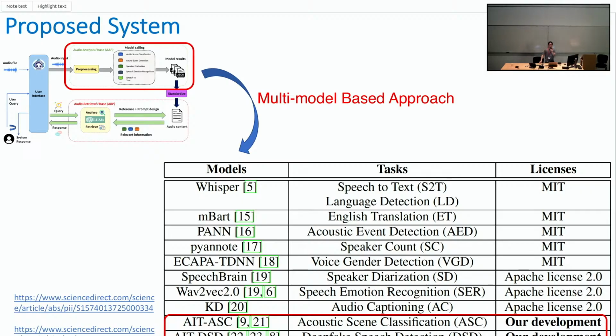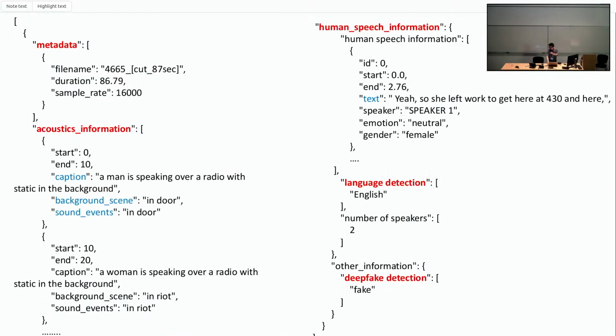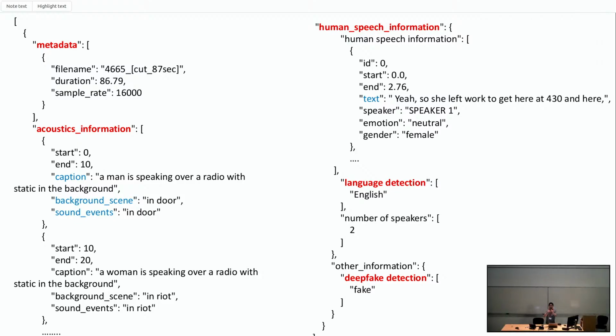For these two models that we developed, we add the links to the two published journal papers. The output of this component creates the analysis file with metadata. For example, we know the file name, the duration, the sample rate, and we have the acoustic information, the human speech information, the language detection and the defect detection. A lot of metadata with the results is stored in one JSON file.